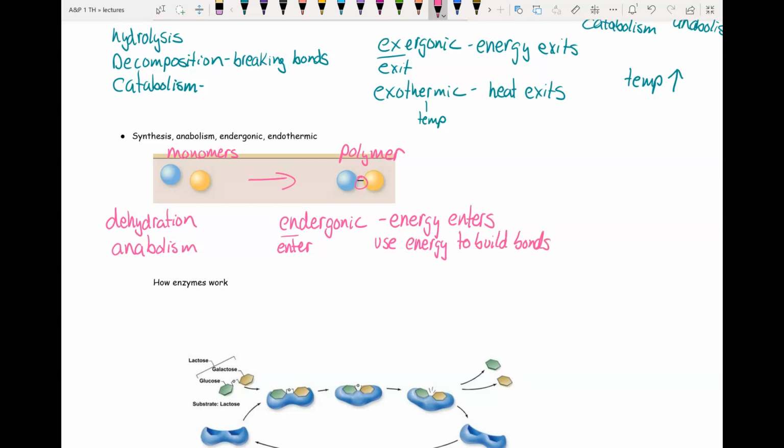And whenever you're using energy, that is endothermic. So now this time it's temperature enters. So you use up energy, you use heat.